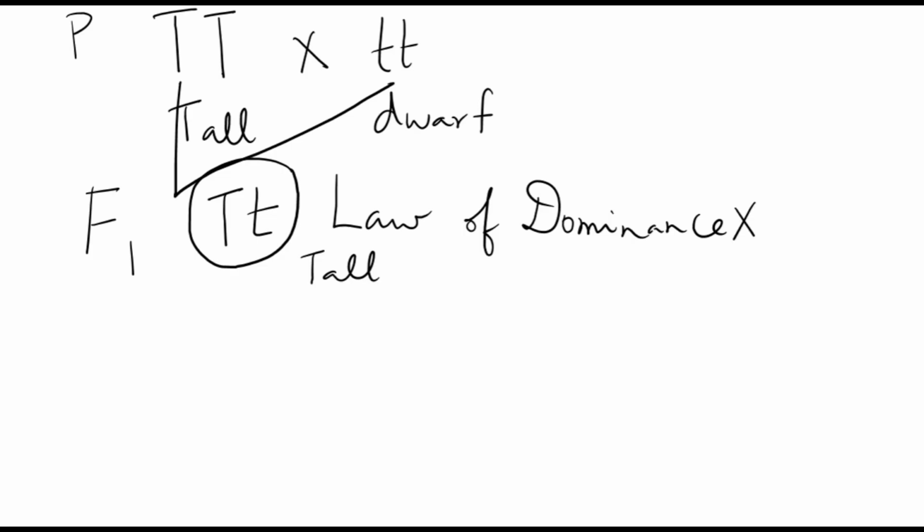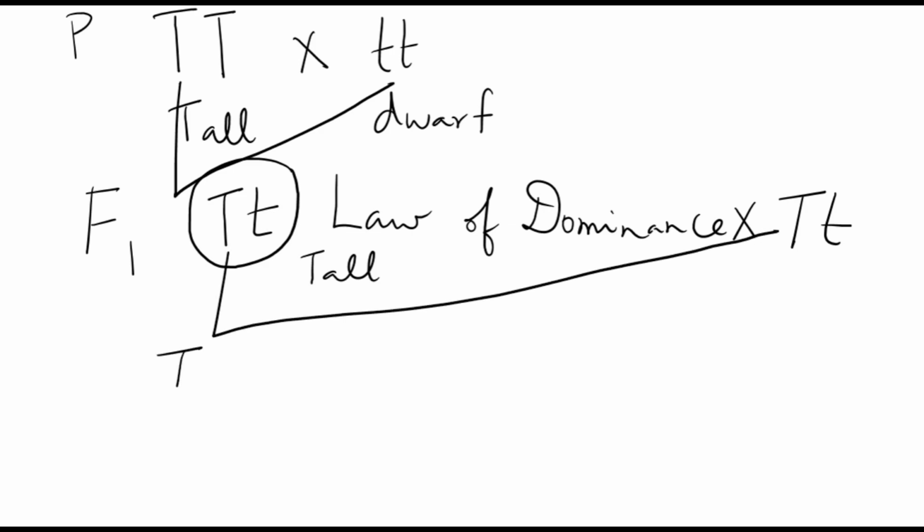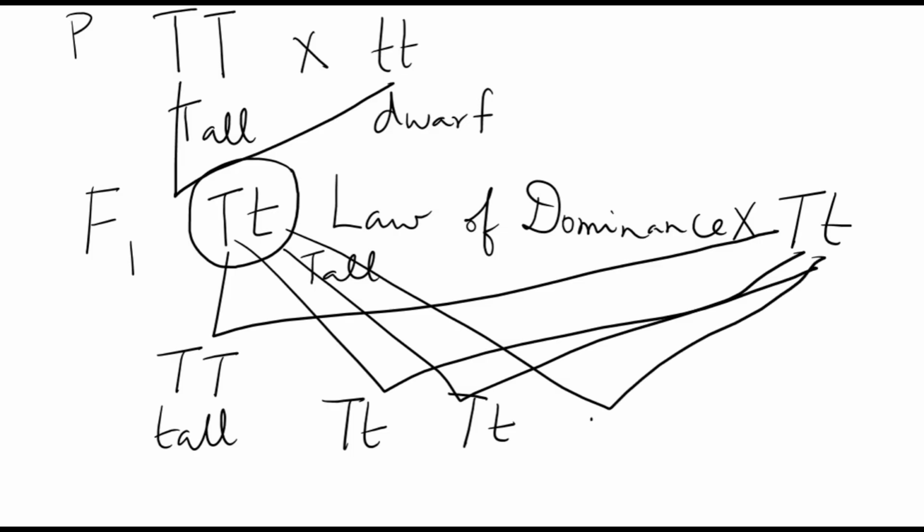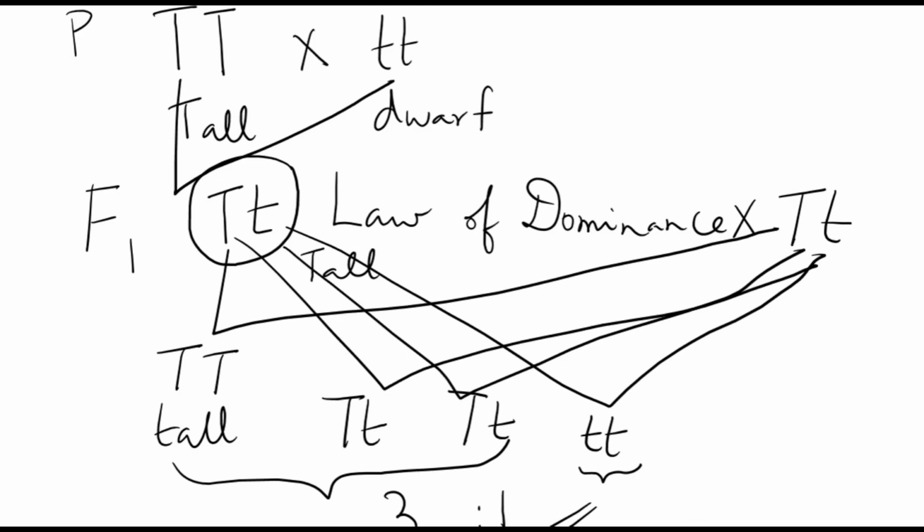He did self-pollination from the F1 generation and then he got tall plants and dwarf plants in the ratio 3:1. So this is called the monohybrid ratio.